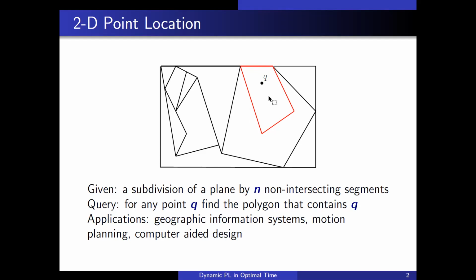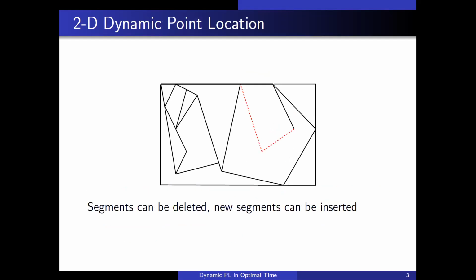So the point location problem is one of the most fundamental problems in computational geometry. It has numerous applications, for example, in geographic information systems, computer-aided design, and other areas. In the dynamic version of this problem, we're allowed to remove or delete some segments.